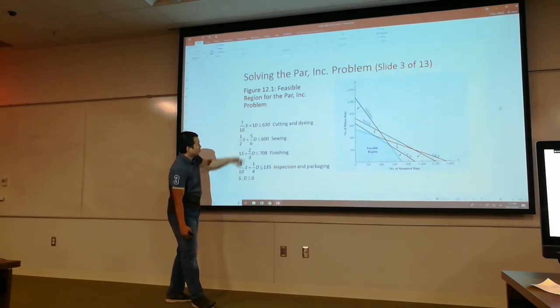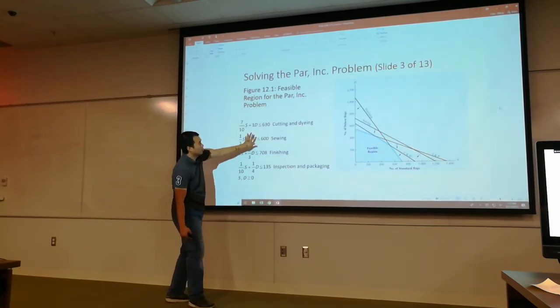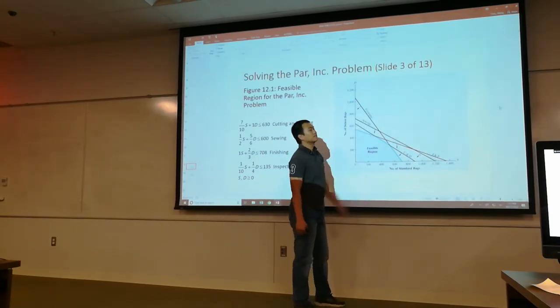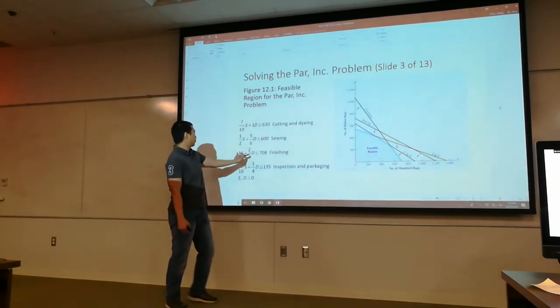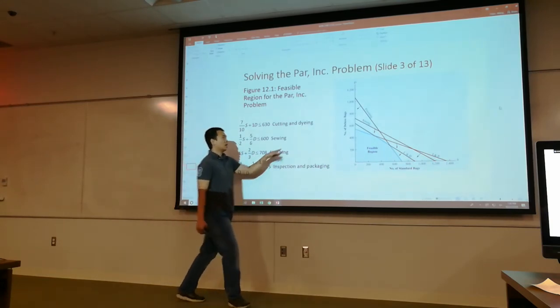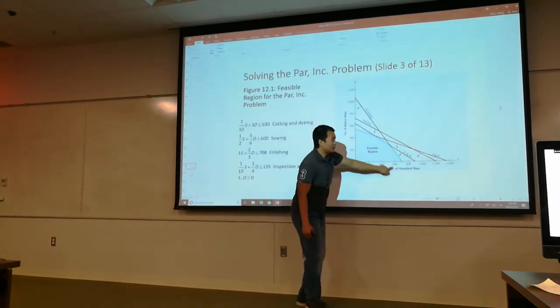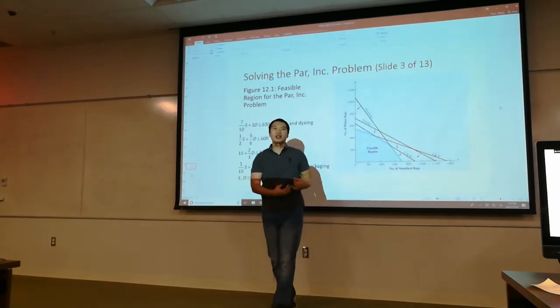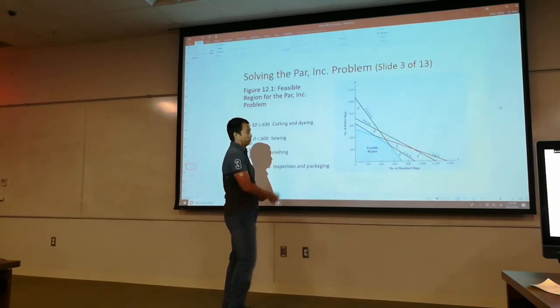Then we have to input those 4 constraints. So we have a line for finishing. That's the constraint function for finishing. It's a linear line, and we put the line there, and this region is the region that satisfies that constraint.